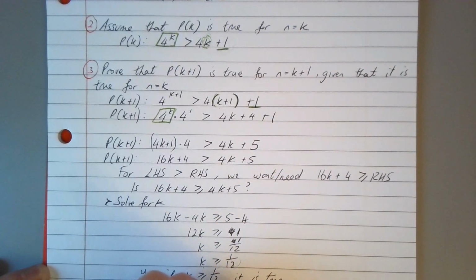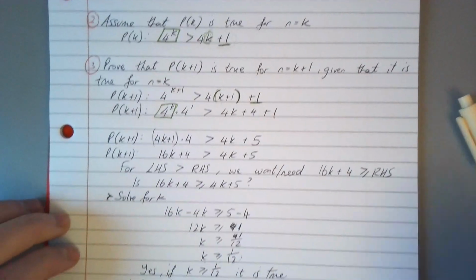And then we have our conclusion. So proposition is true for n is equal to k plus 1, given that it is true for n is equal to k, where n is greater than or equal to 2.